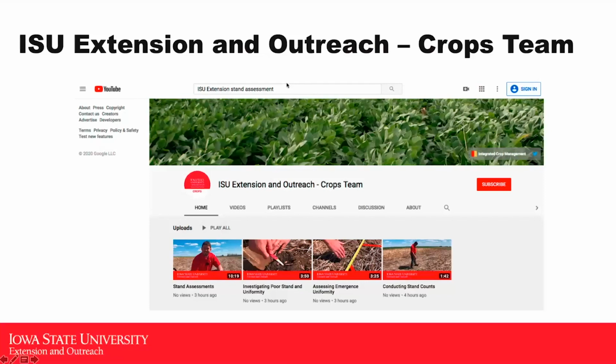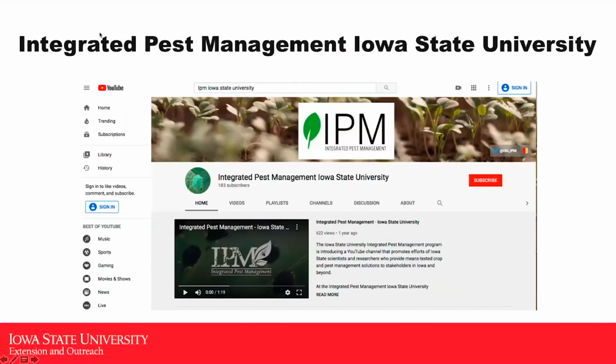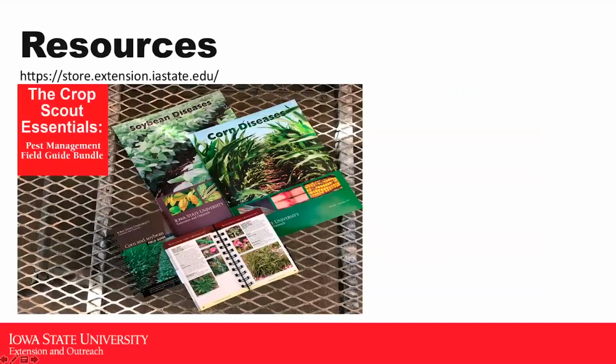The standard extension answer is it depends. Let me explain that a little bit. The first thing you have to factor in is what is the seed germination on the bag. If it says 95%, then you should probably not expect more than 95%.